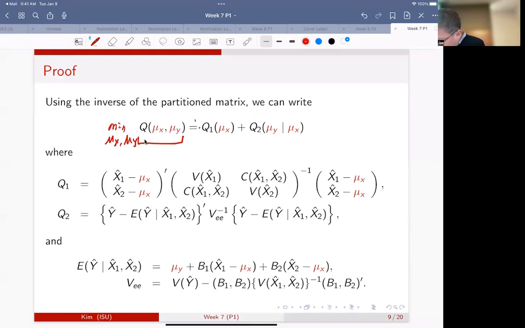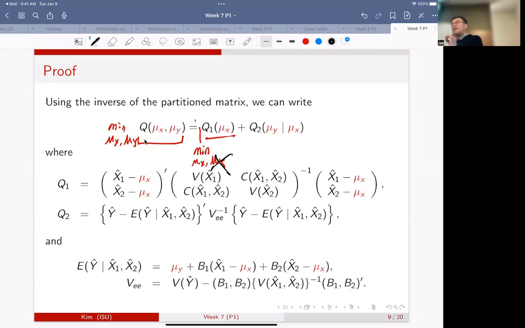But what is the point of considering mu y for this part when it is only a function of mu x? Not necessary, right? You don't have to worry about it.